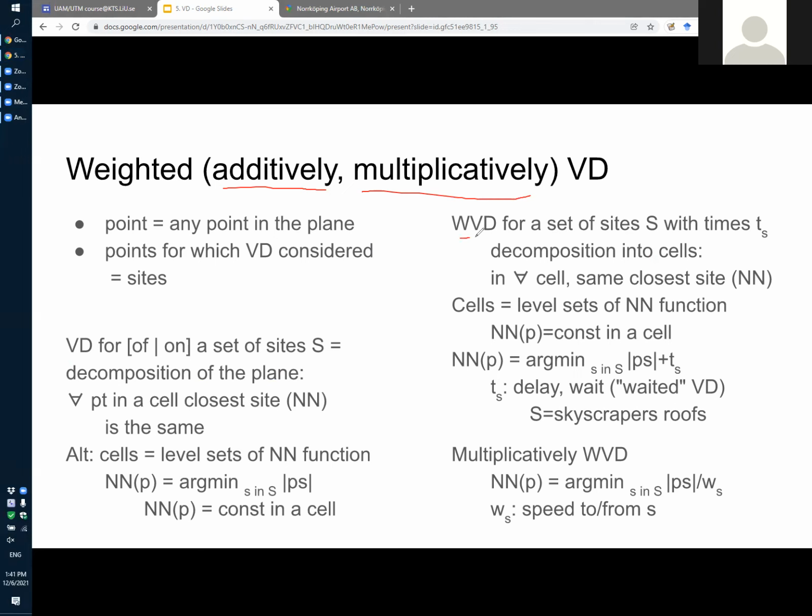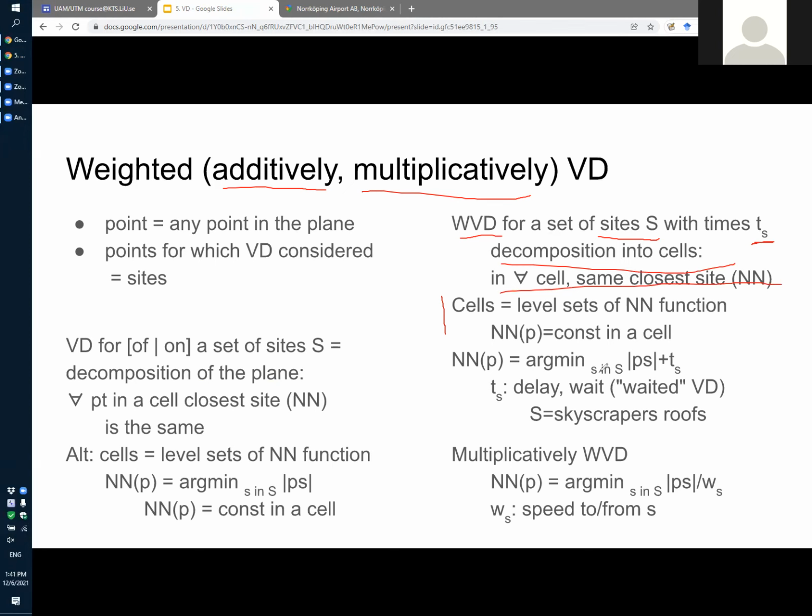So the weighted Voronoi diagram, or the additively weighted Voronoi diagram, is built for the set of sites where each site also has a time associated with it. And we first will look at the formal definition, and then how it is related to anything practical. So again, the cells are the level sets of the nearest neighbor function. So we're decomposing the plane into cells, and in every cell the closest site is the same.